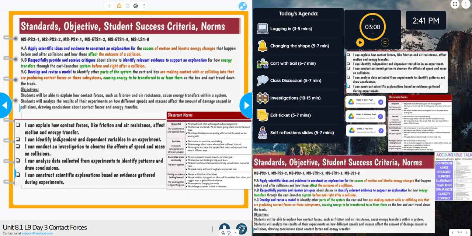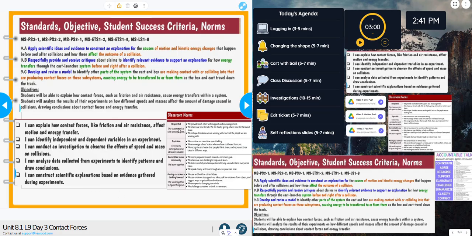You should be able to explain how contact forces like friction and air resistance affect the motion and energy transfer, identify independent and dependent variables in an experiment, conduct an investigation to observe the effects of speed and mass on a collision, analyze data collected from experiments to identify patterns and draw conclusions, and construct scientific explanations based on evidence gathered during experiments.